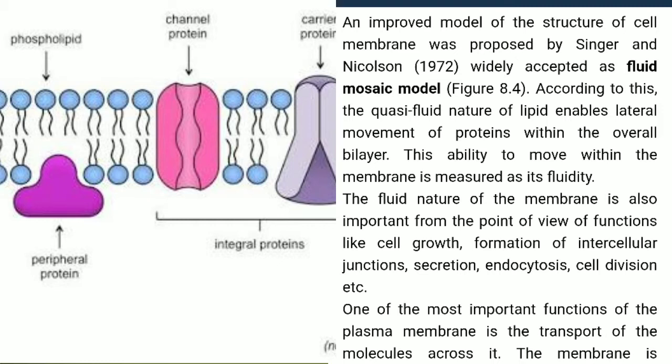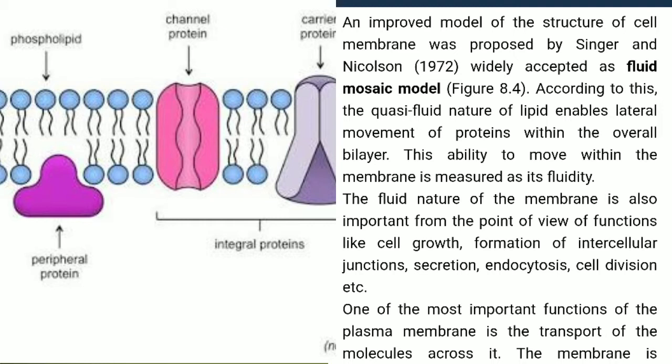And the term mosaic is used because the phospholipids and the protein molecules which make up the structure of the cell membrane do not lie uniformly with each other, as proposed by the other two models. As they are not uniform, the term mosaic is applied, and hence the model became the fluid mosaic model.